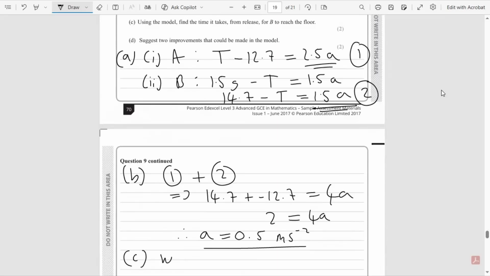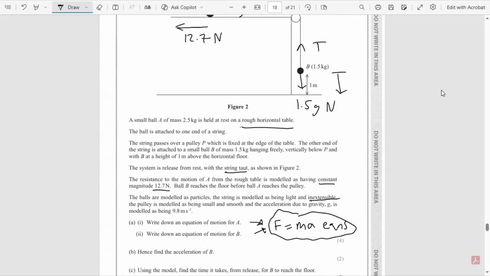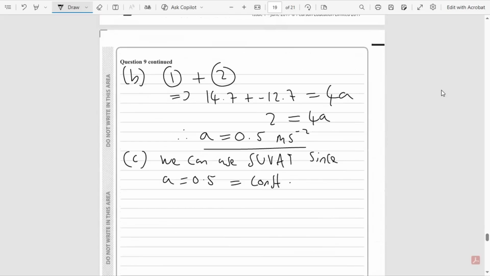So remember, what does constant acceleration mean? It means we can use suvat, since acceleration is equal to 0.5, which is a constant. What do we know about the motion of B until it hits the ground? The displacement S is 1.